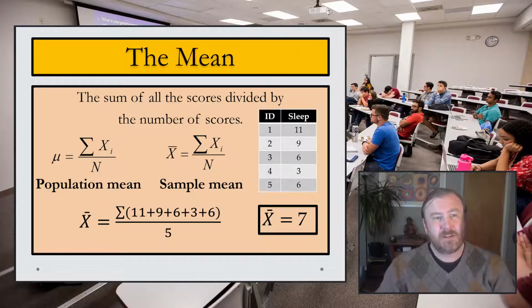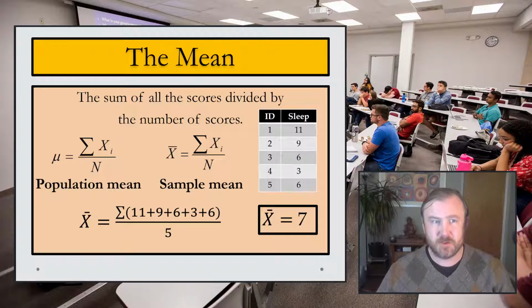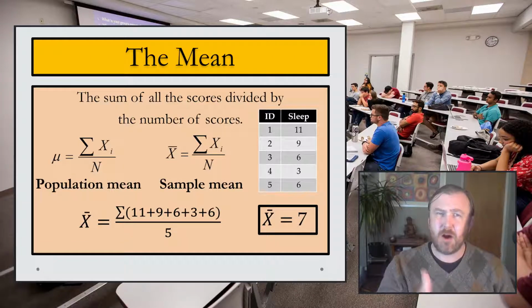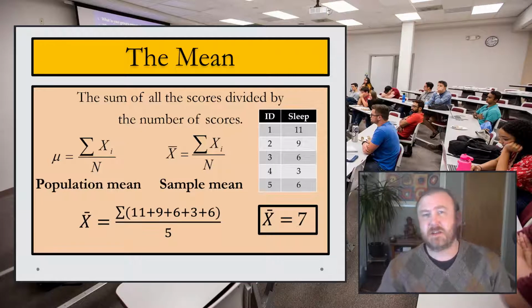Now, I want to bring your attention to these two formulas that are on the screen. The first one, we have mu. Mu is equal to the sum of all the scores divided by the total number of scores. And for the sample mean, x bar, the only difference is what the symbol is, what we're calling it.